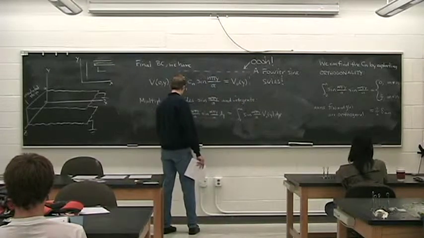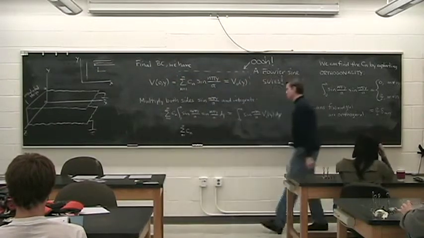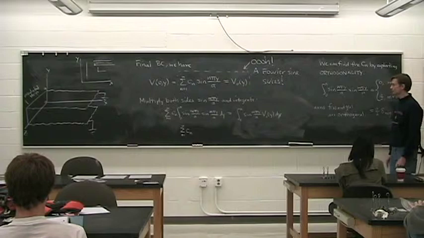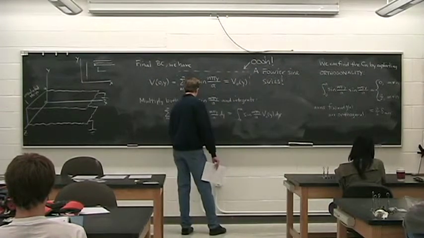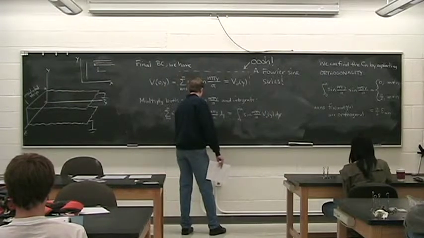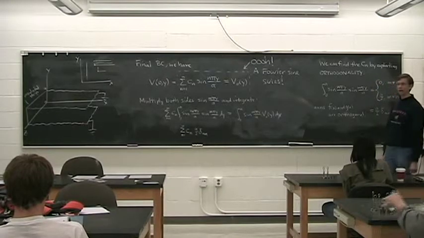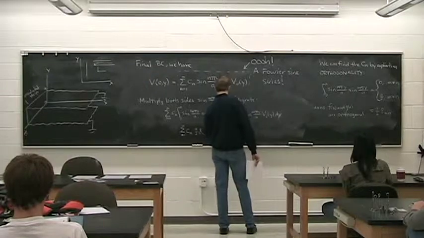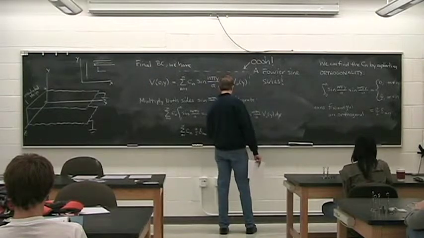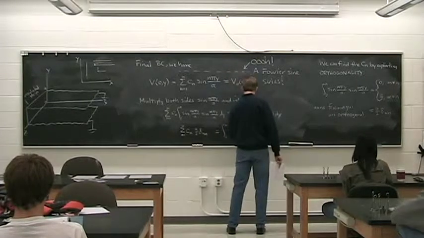Now, this integral on the left side, well, actually it's an infinite number of integrals, they are equal to a over 2 delta_mn. So we've got the sum of C_n times a over 2 delta_mn is equal to the integral from 0 to a of sine(m pi y over a) V naught of y dy.